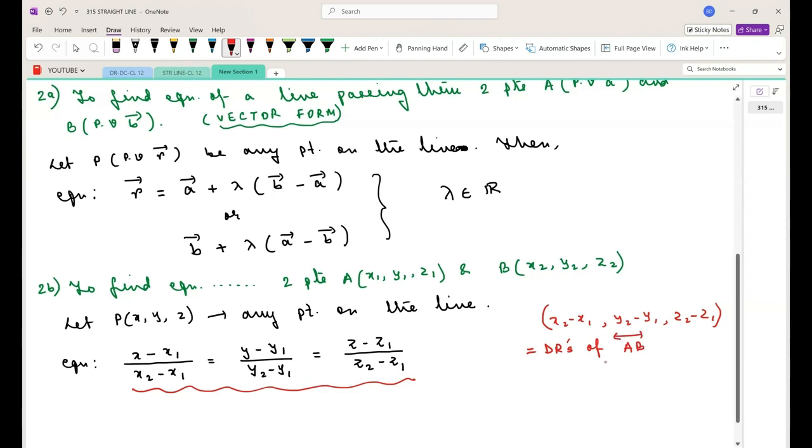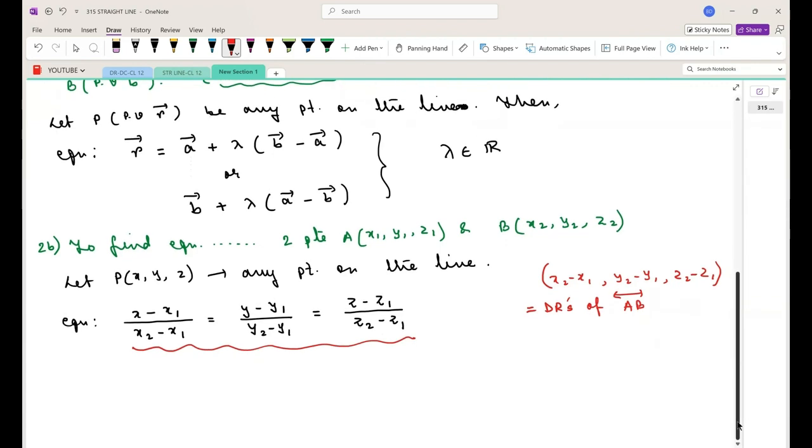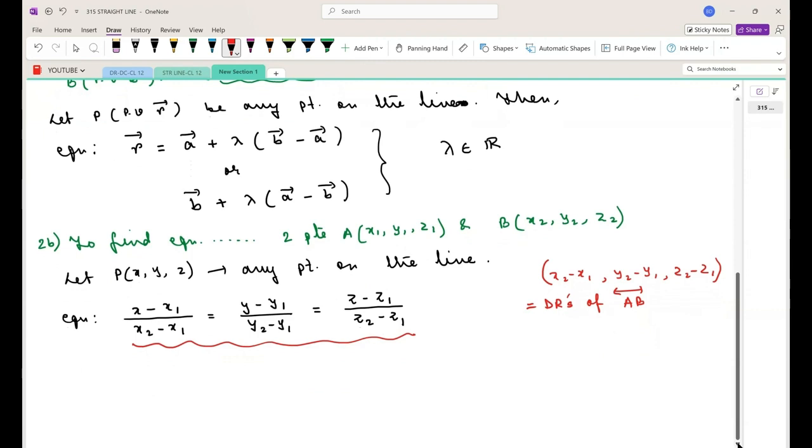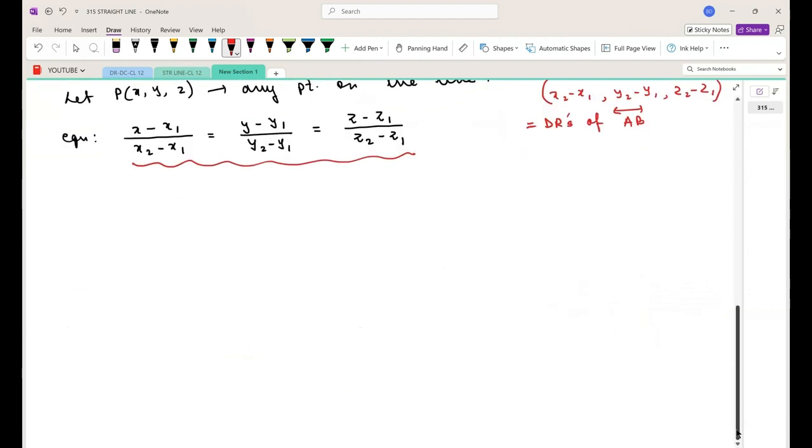So you can find the DRs separately and then substitute also. So this is the equation of a line through 2 points in the Cartesian form. Now you have only these two situations to find the equation of a line, unlike so many forms in class 11 2D.